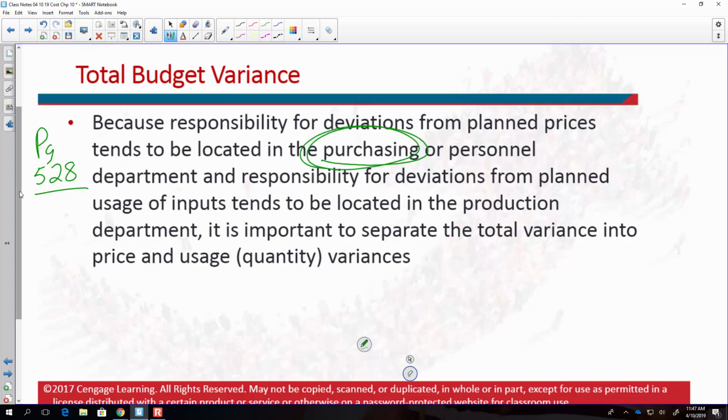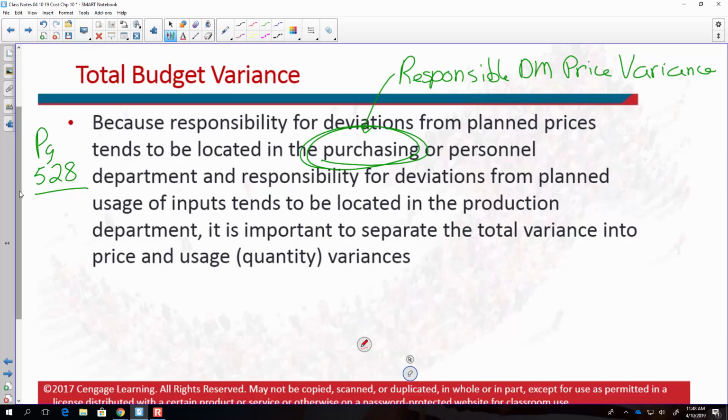The purchasing department, purchasing is responsible for the direct material. Doesn't that make sense? But just the price variance. So purchasing is responsible for the direct material price variance.